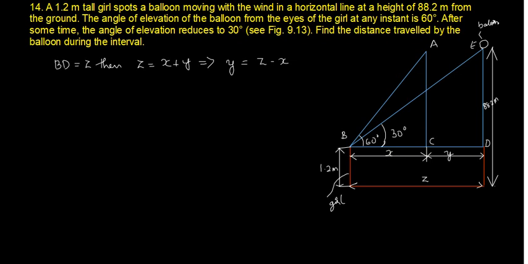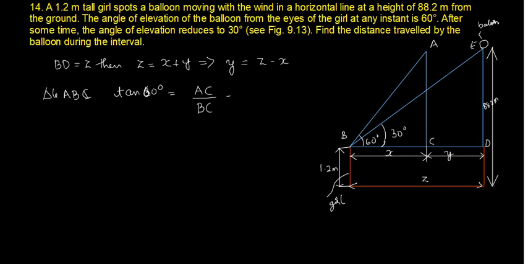So in the first case, we have a triangle ABC, and another triangle EBD. For triangle ABC, I will use tan 60 degrees, equal to AC divided by BC.